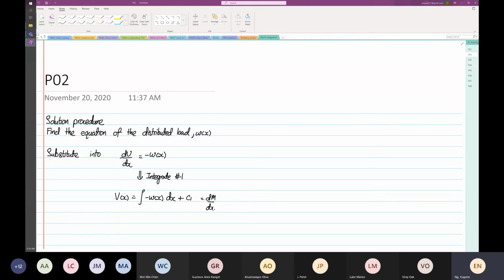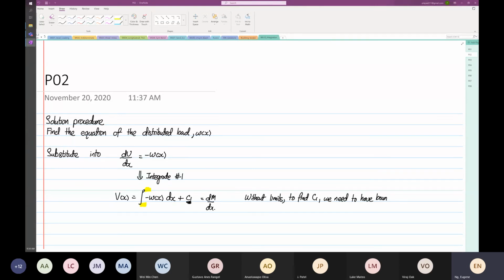Now, why do we all of a sudden have a C1 over here? Because if you look at our limits, we don't have any limits at all. To find C1 without limits, we need to have boundary conditions.